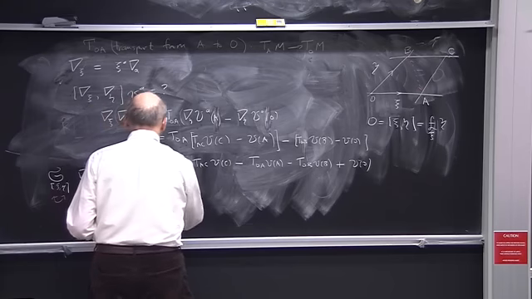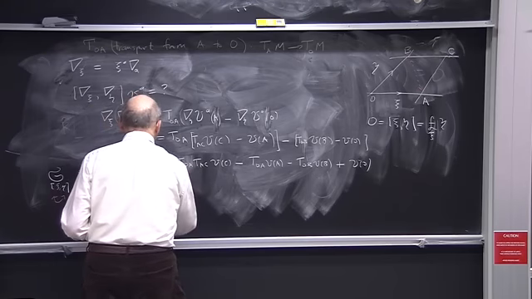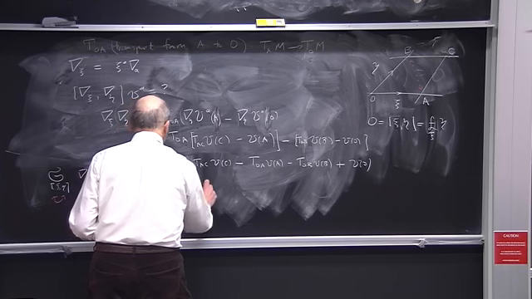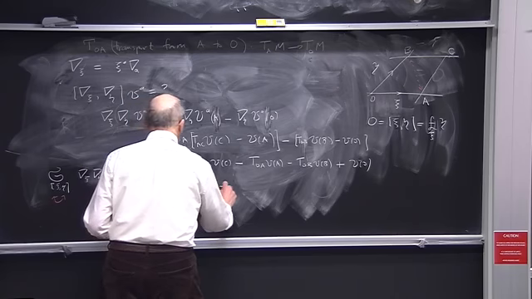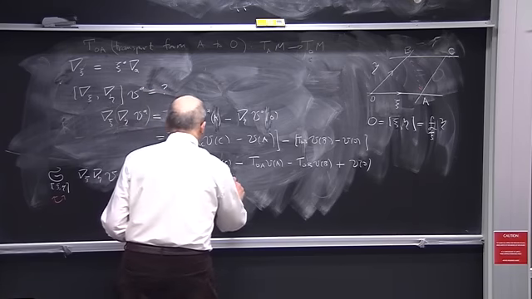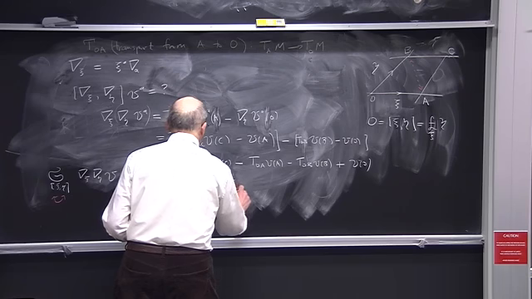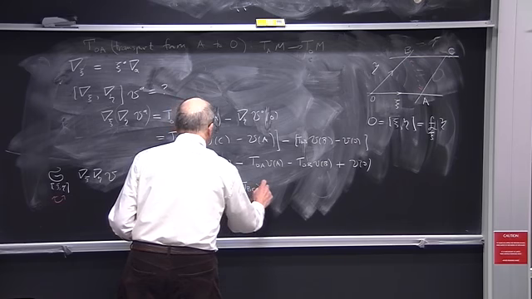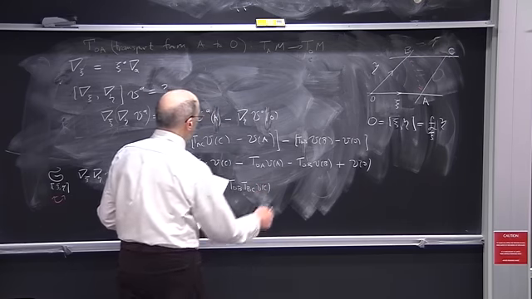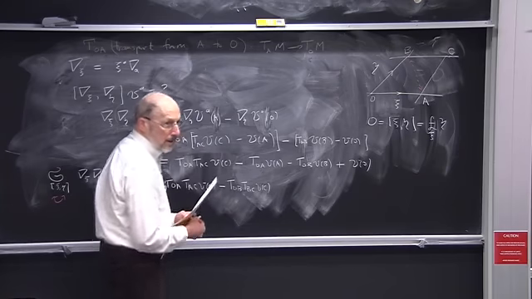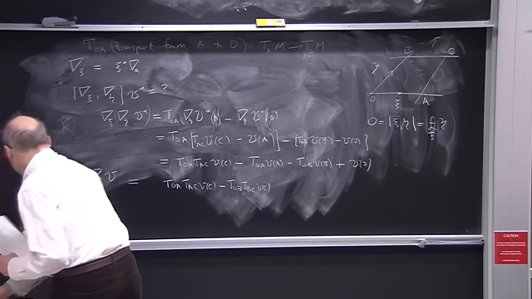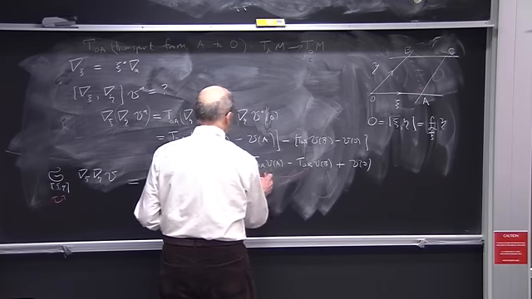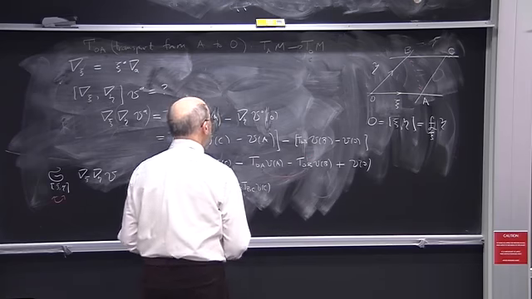So we'll get this: TOA TAC times V of C. Now we have to subtract off the result of exchanging A with B. So that'll be TOB TBC times V of C. Now, if you look, these two terms have A and B occurring the same. If I exchange A with B, these two terms just switch.